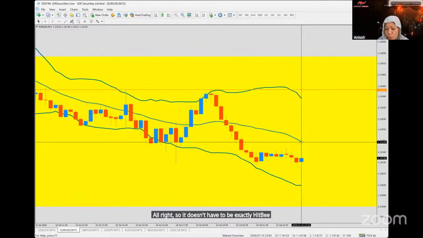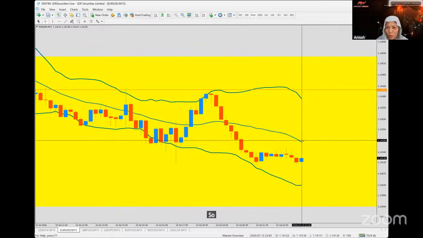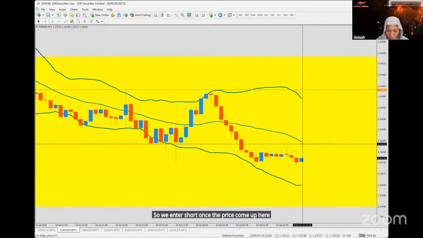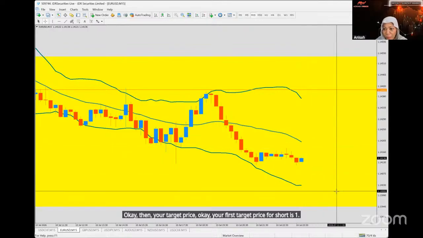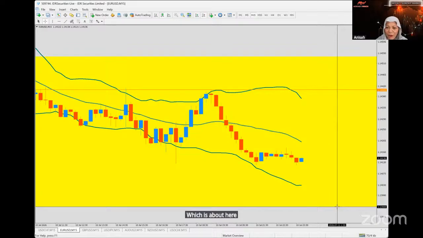If it's pierced through a little bit, yes, we can still enter. So we enter short once the price comes up here. Then your first target price for short is 1.13944, which is about here, the bottom of that rectangle.